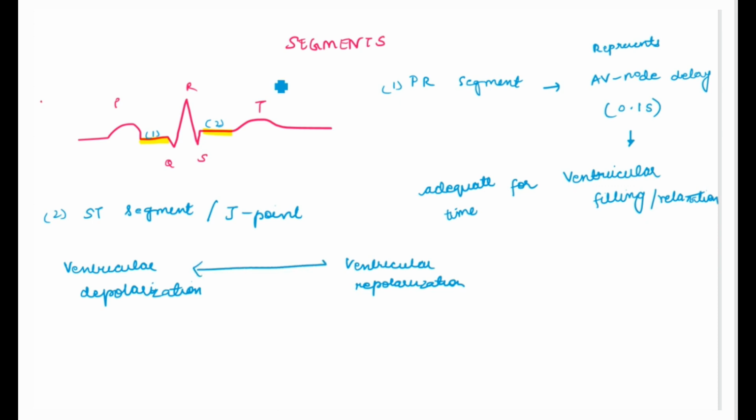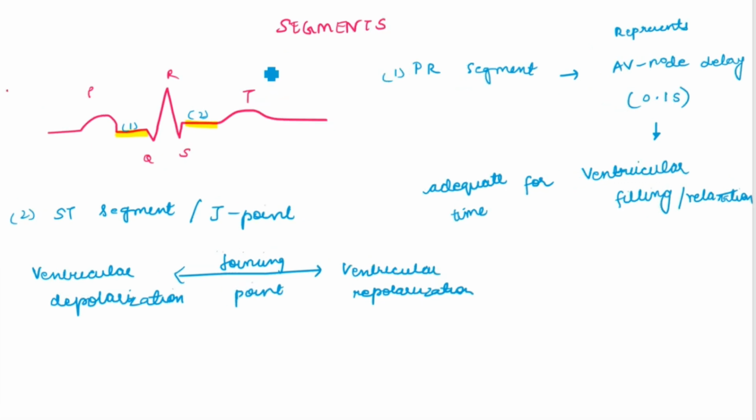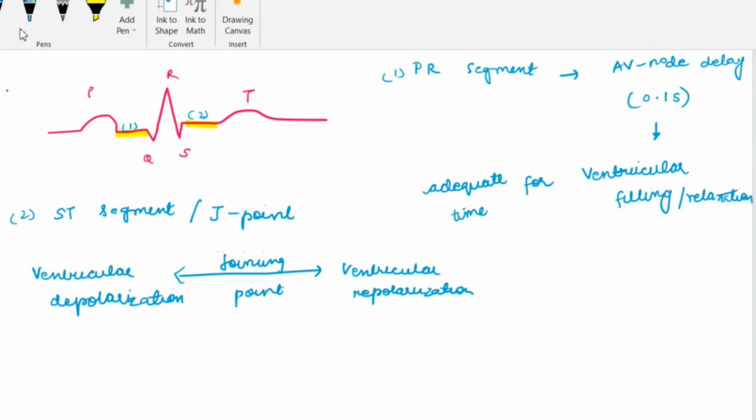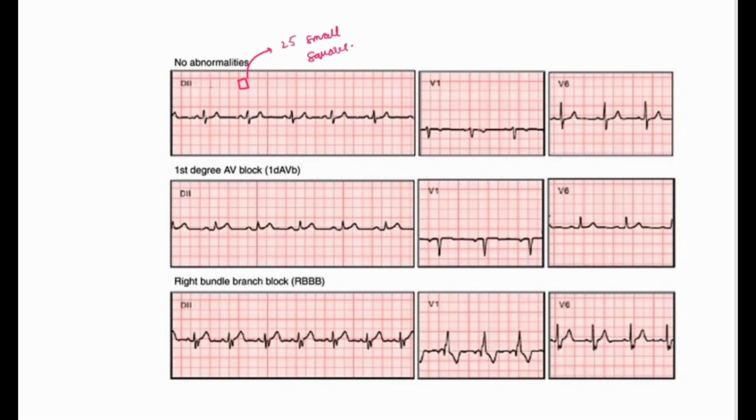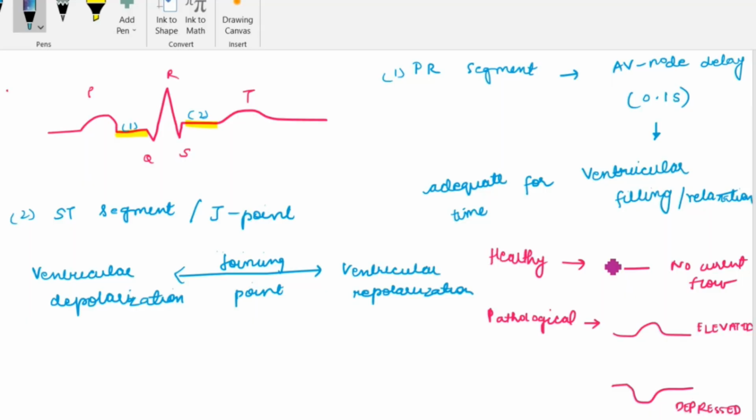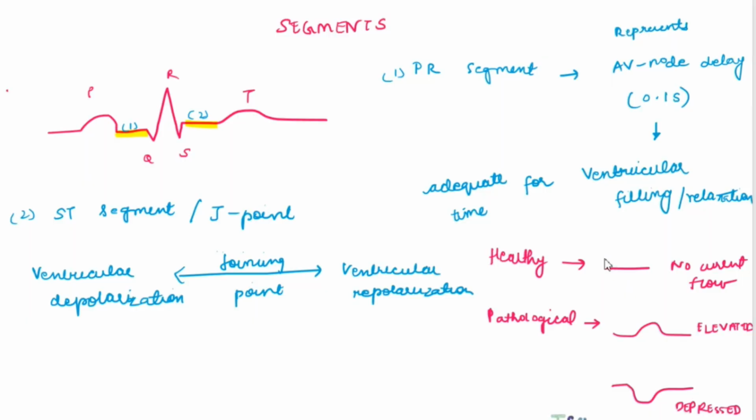So what does the ST segment signify? In a normal individual, it is a straight line; there is no current flow. But in a pathological condition, when there is a problem in your heart, there is current flow during the ST segment. This current is known as the injury current, produced by the injured tissue due to myocardial infarction. This produces either an elevated ST or a depressed ST, so it is no longer a straight line.